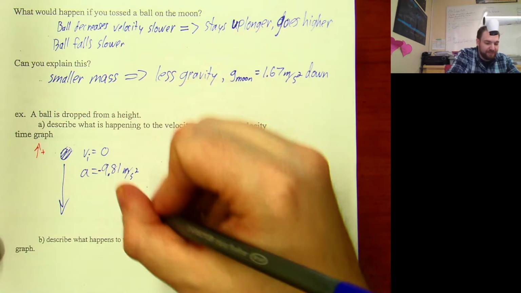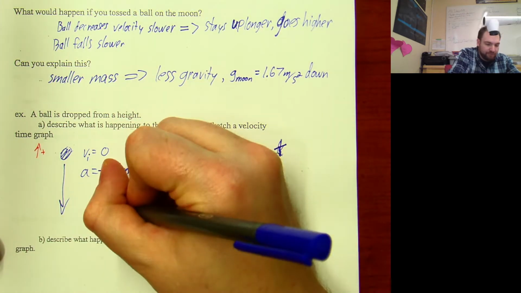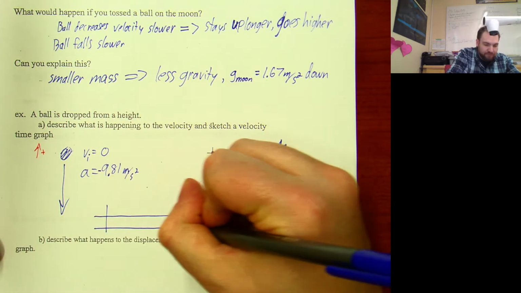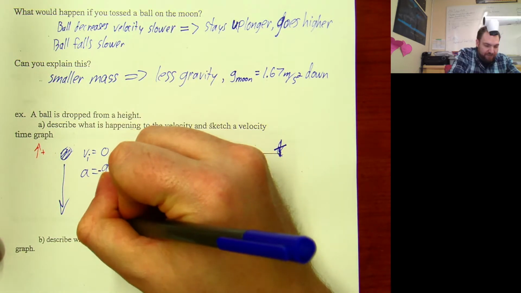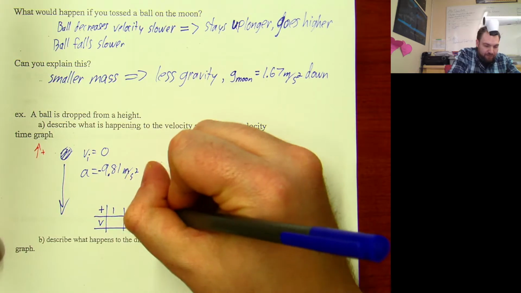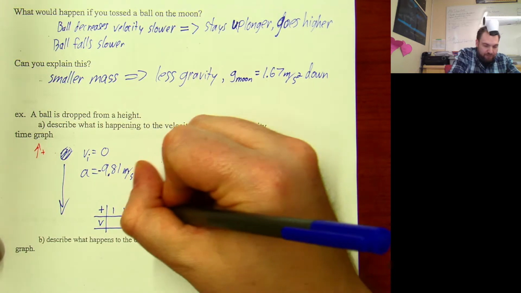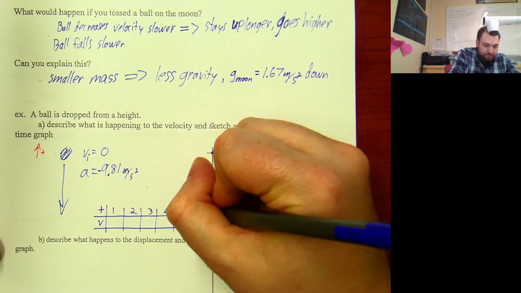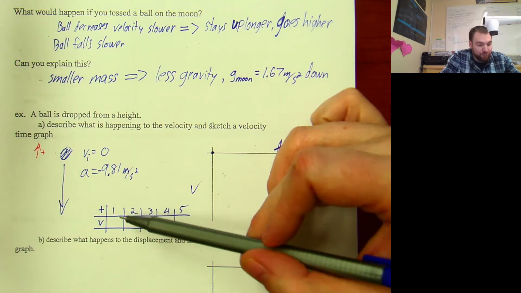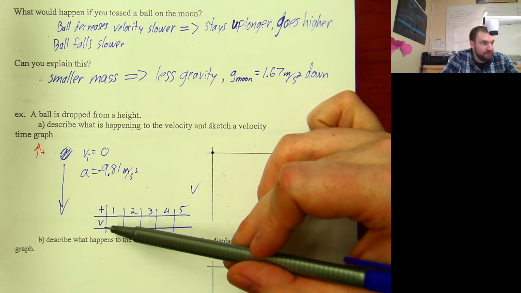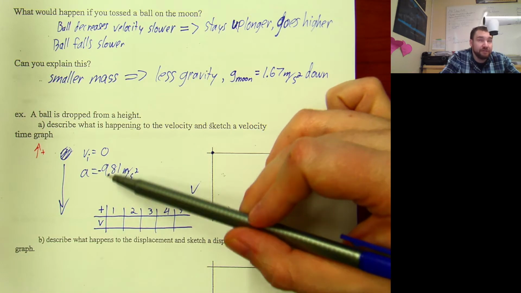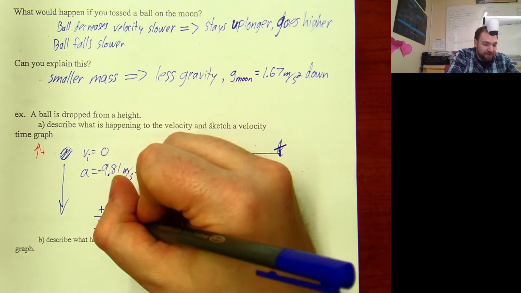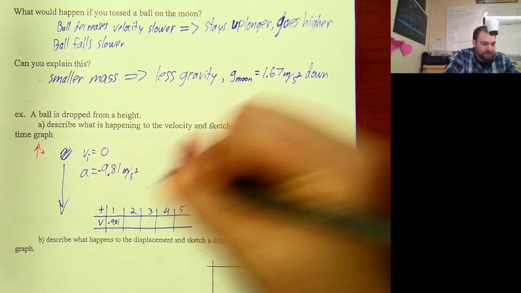So let's set up a little table here. We'll have T, we'll have V. After 1 second, how fast is my object falling, assuming this acceleration? Yeah, it's going to be going negative 9.81 meters per second.